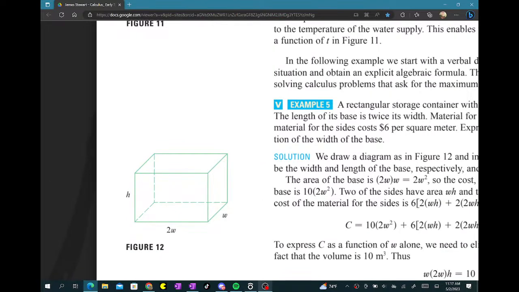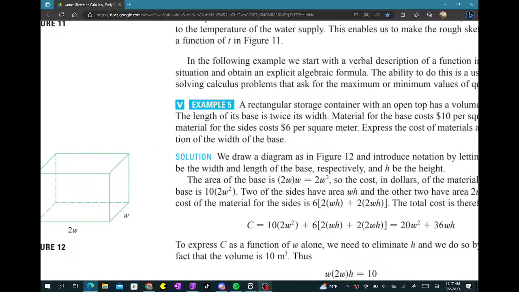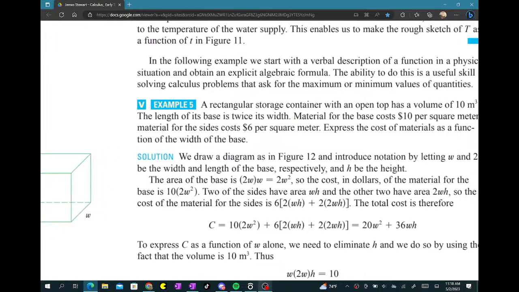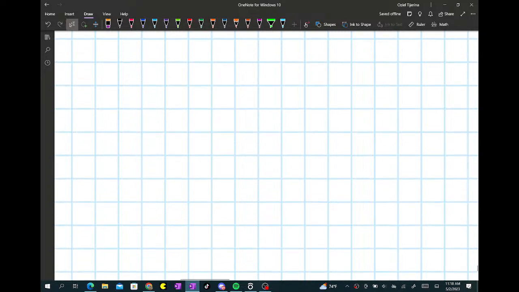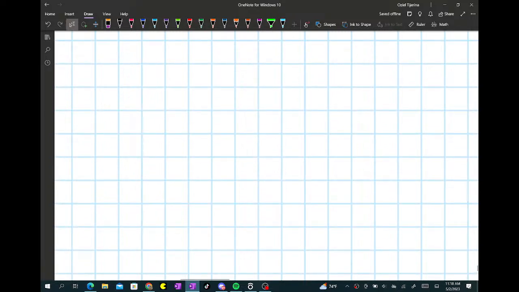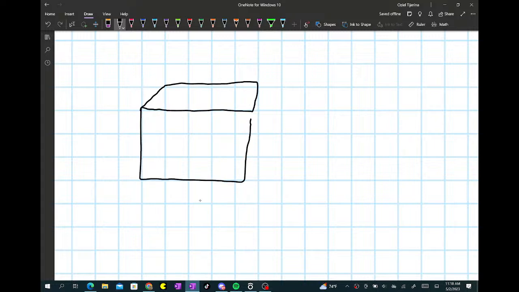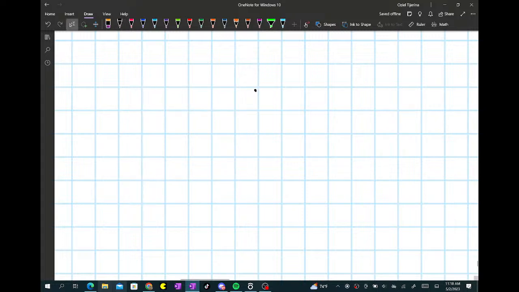I know this stuff here is length times width times height, obviously. So it says the rectangular container. Let's just draw this a little bit. I'm not going to draw it perfectly, but we have this rectangular container.